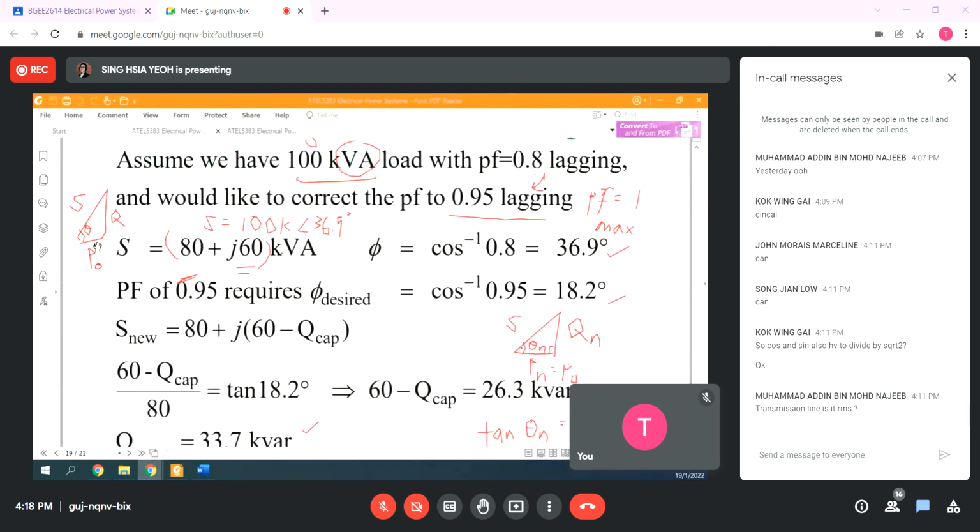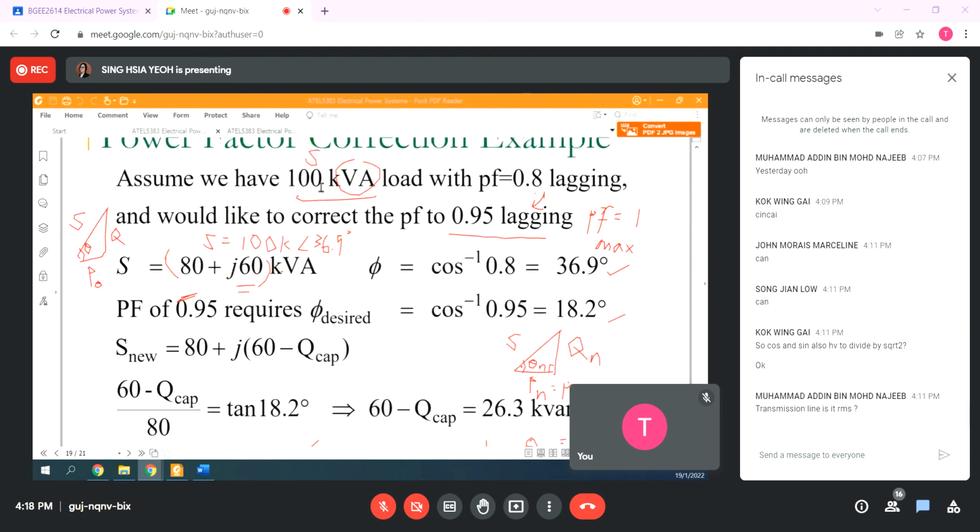Supposing you need a power triangle, then you have P0, Q, and S. P is always the same: P new equals P0. But Q, S, and the power factor will be different. From this, S equals 100 kVA. Why do I know that it is S?